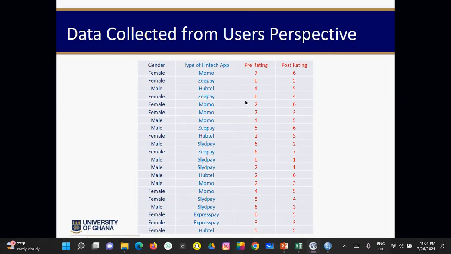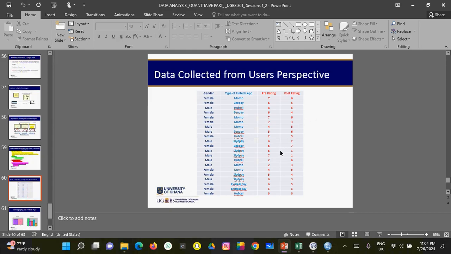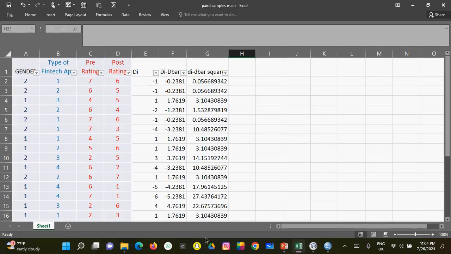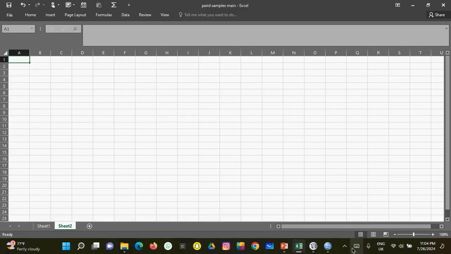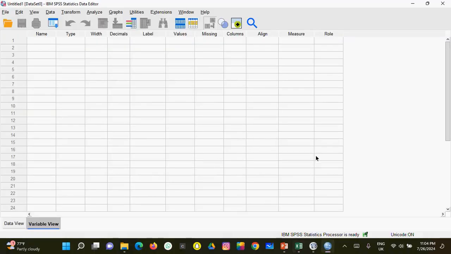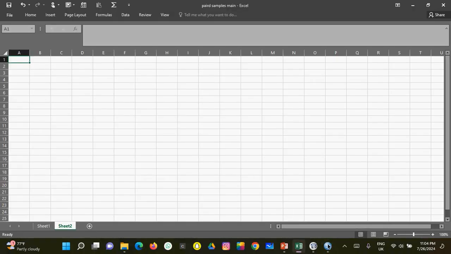To do this, for less difficulty, let's kindly open our Excel. Open your Excel, I'll start everything from new. Open your Excel and also open, or launch, your SPSS. Let's start this, right?